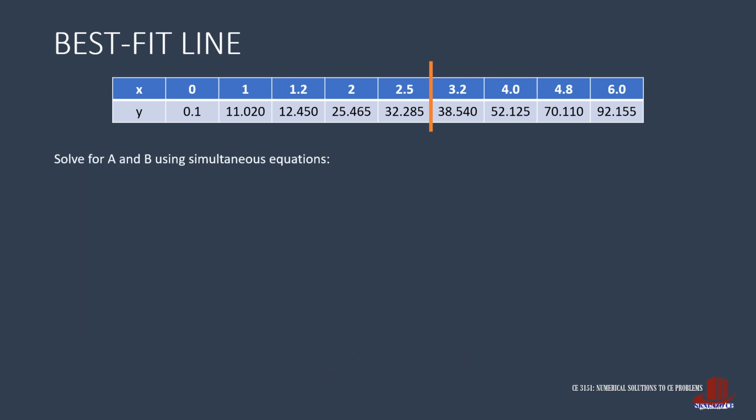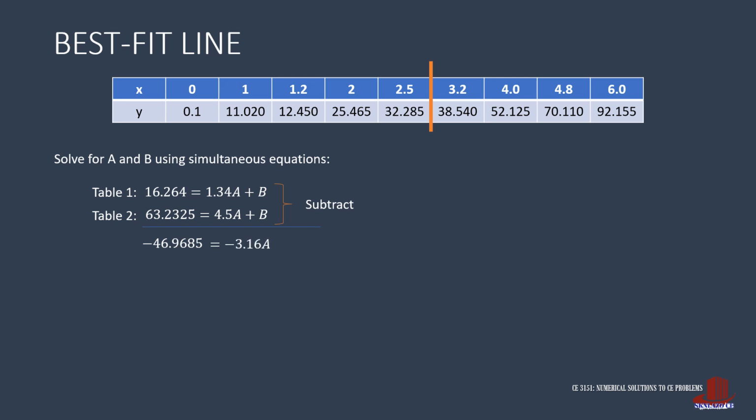With the two equations already known, solve the variables with simultaneous equations function, or simply subtract them, making negative 46.9685, and this is equal to negative 3.16a, where a is then 14.86345. Plug this value of a into the other function.